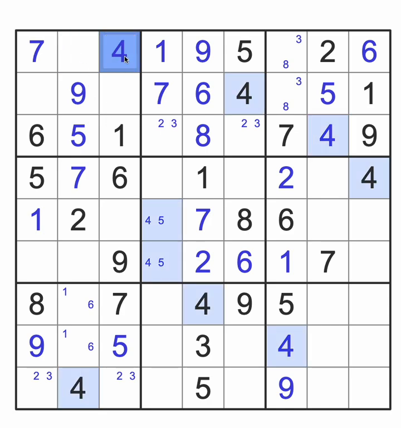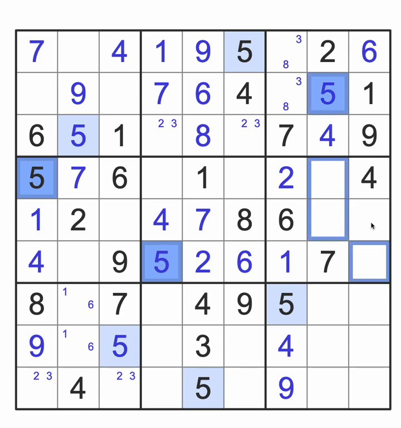Gives me 4 here. 4 and 4 block these. Gives me 4 here. And that gives me 5 and 4. 5, 5, 5 block these. Gives me 5 here.